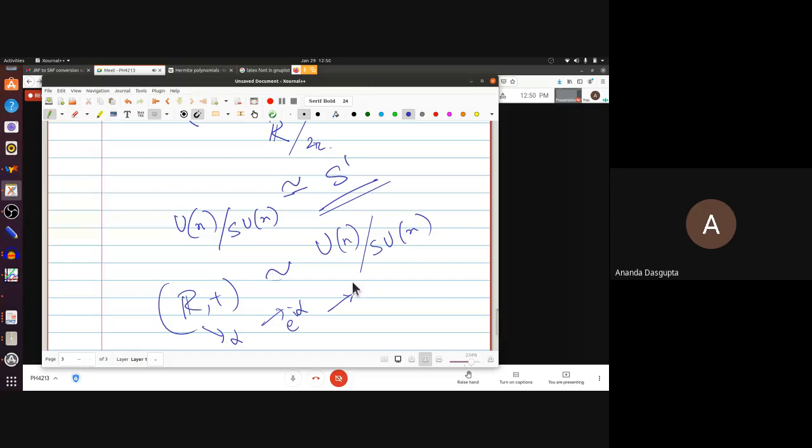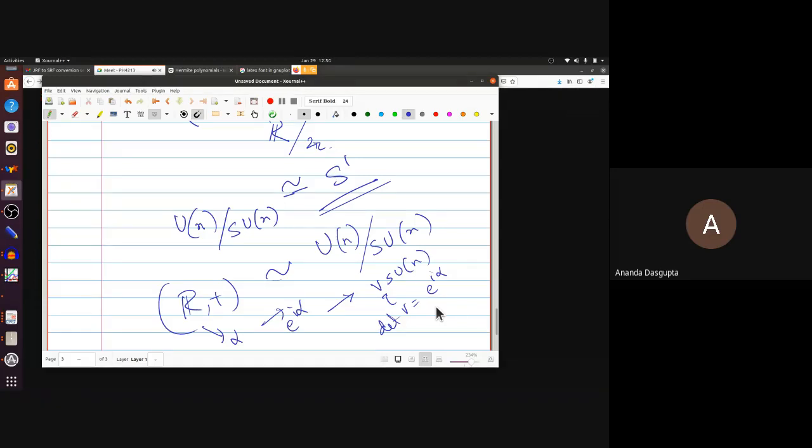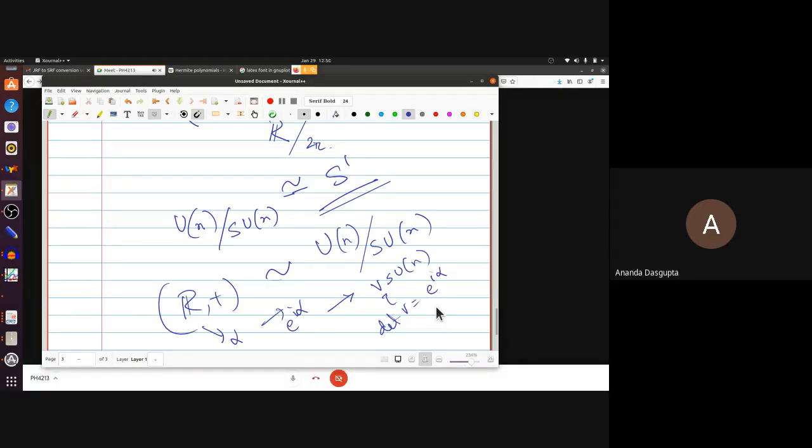And this will immediately map onto a particular coset VSUN, where V is any matrix with determinant e to the I alpha. So you can, of course, find a map from alpha to this, and you can easily show that that map is a homomorphism. It's a trivial thing to do. But it's also true, as you just now pointed out, that this map is many to 1.